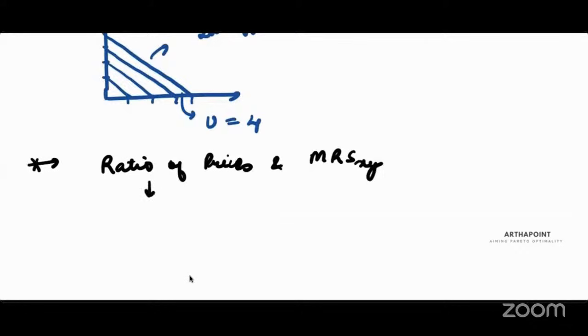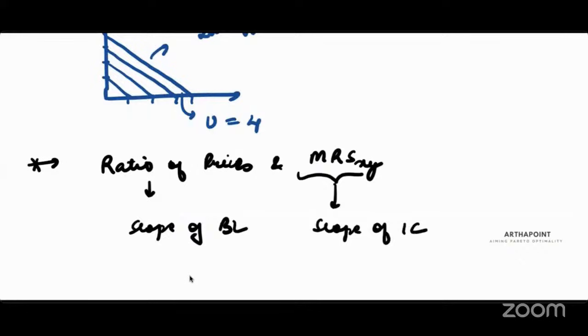The ratio of prices is nothing but the slope of budget line. This is nothing but the slope of indifference curve. We have to see whether the slope of budget line is less than the slope of indifference curve, greater than the slope of indifference curve, or equal to the slope of indifference curve.